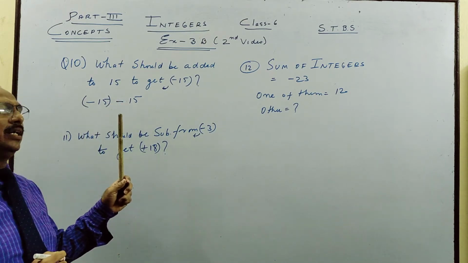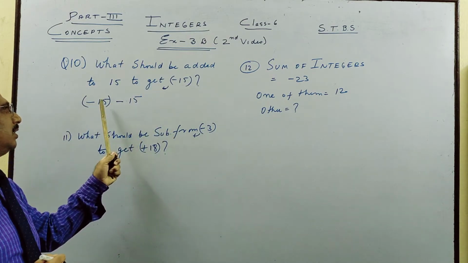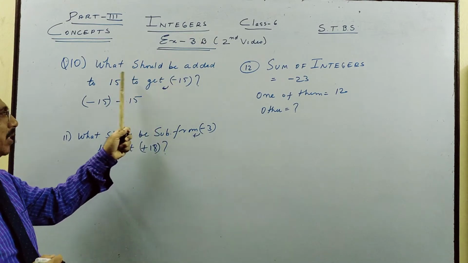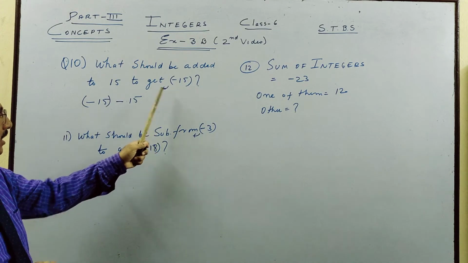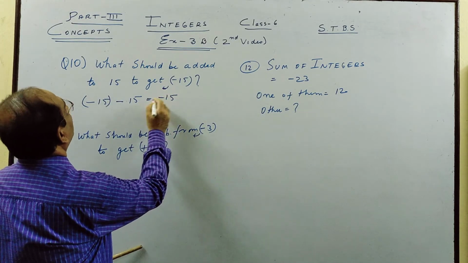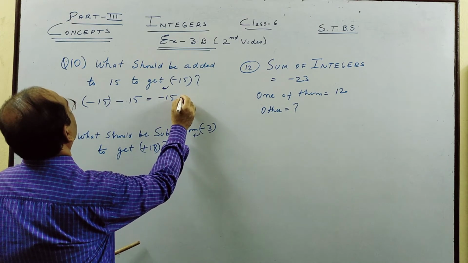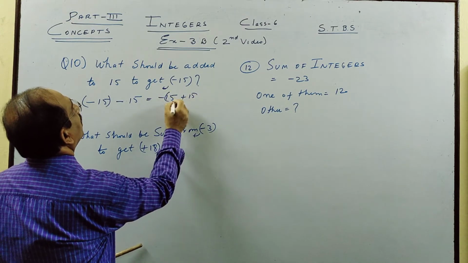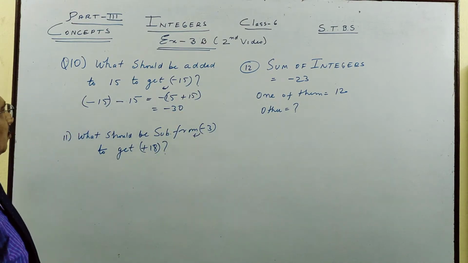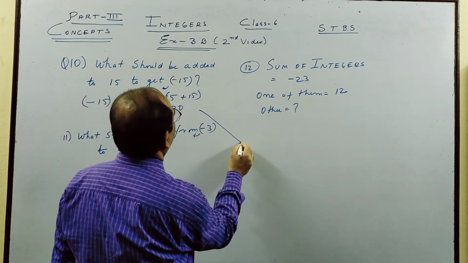See, what should be added to 3 to make it 10? 10 minus 3. In the same way, this minus this. So what will we get? Minus 15, and minus 15, what do we have? We will add in a bracket. It is minus 30. If you see in a number line, what should be added to 15?